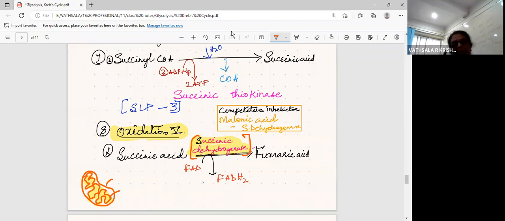So now, till here, 4 oxidations. First in glycolysis, second in conversion of pyruvate to acetyl coenzyme A. When is the third? If you have not written, none of you wrote. Every time dehydrogenase is the enzyme there.